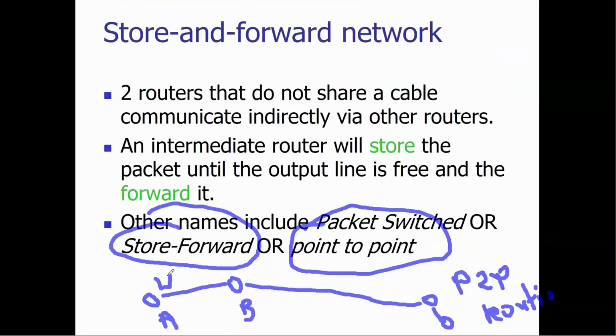If I'm sending something, B would receive it and store it first in its queue. And then what? After it stores it, what does it do? It forwards it. And hence, this is why some people call the point-to-point network basically a store and forward network, okay?